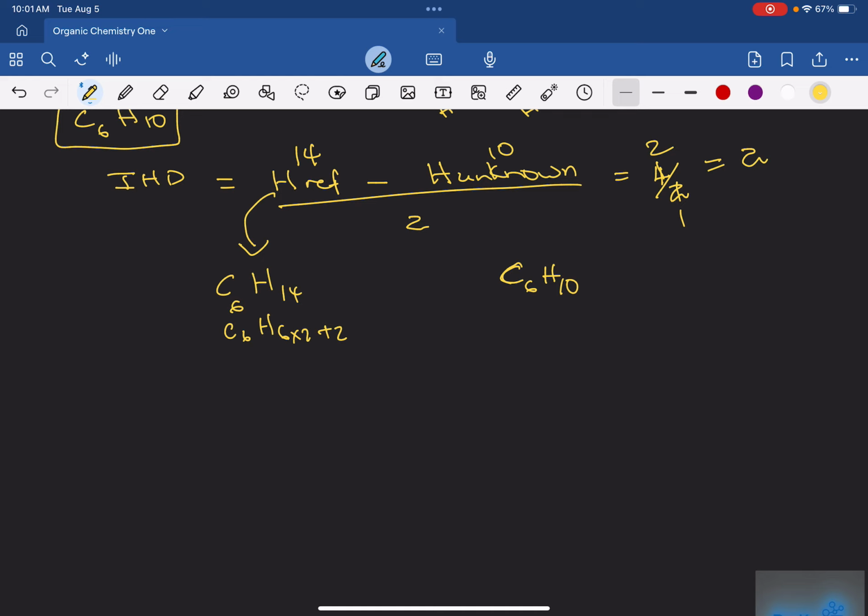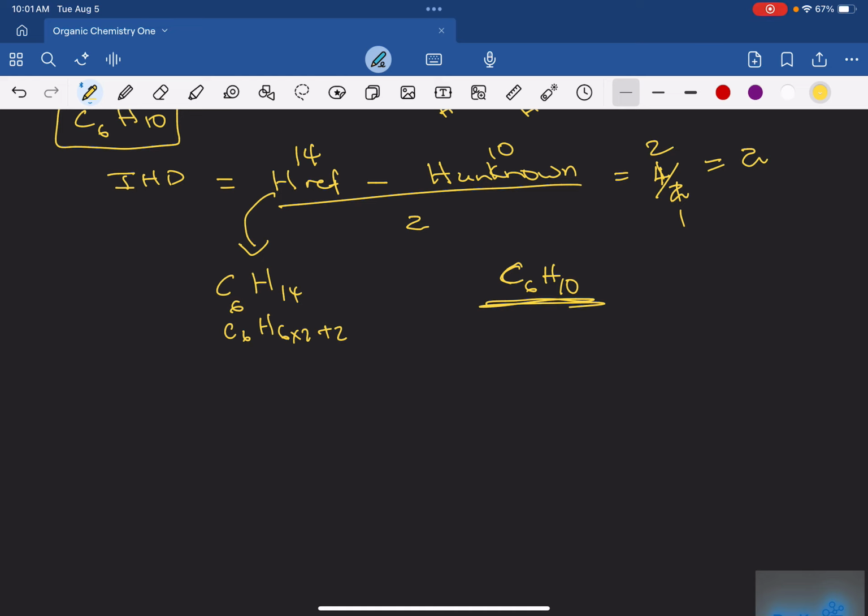I know C6H10 isn't like two fused rings. It's possibly one ring and a double bond, or two double bonds in a molecule. You can try different things, right? But the key is the molecular formula must be C6H10.